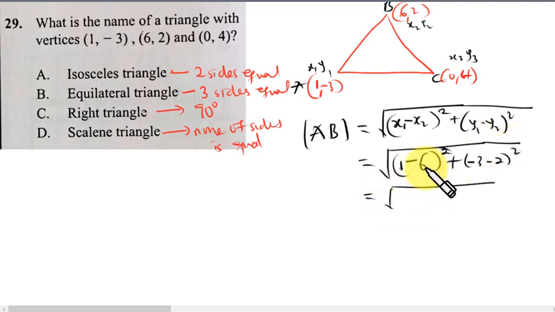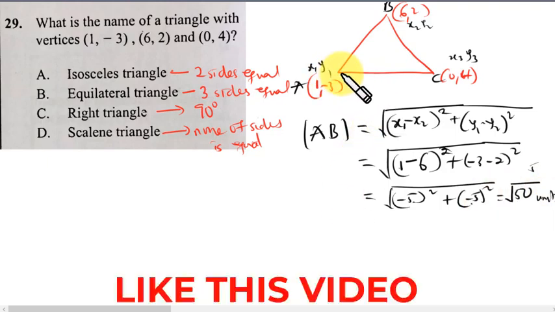We have 1 minus 6 is -5, all squared, and -3 minus 2 is -5, all squared. The square of this is 25, the square of this is 25, so we have the root of 50. All right, I want to leave it like this. I can go on to simplify this, and we'll have 5 root 2, but I want to leave it like this. So root 50 units is okay for me.